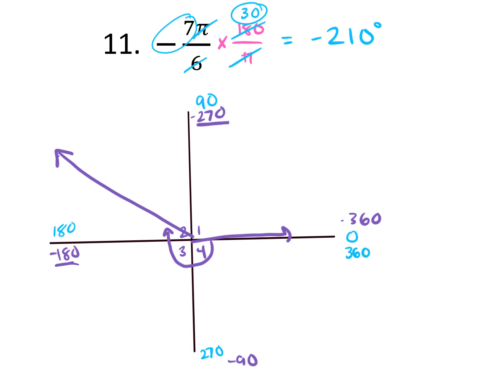What did you get when you add 360? 150. So your 150 angle would be here. Just know that it's going to end in the same spot, but a negative angle starts by going down. We started at 0 and went down and around to negative 210. So if you just put it down like that, it would be the same, right? Yeah. Okay.